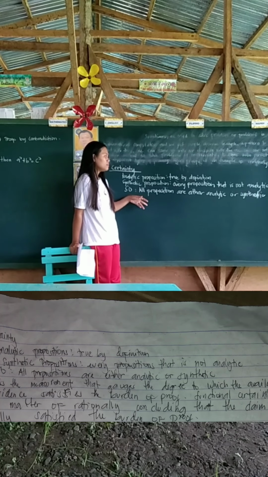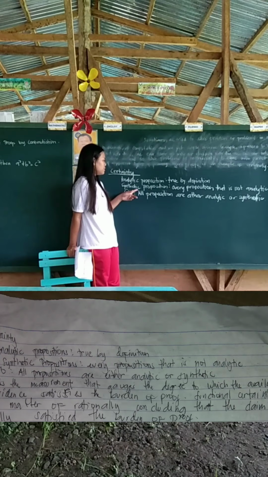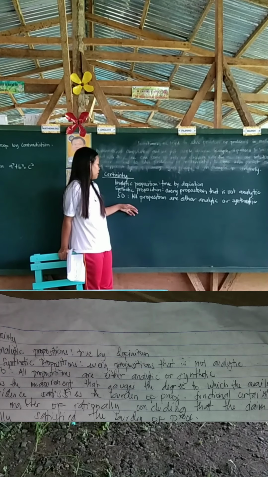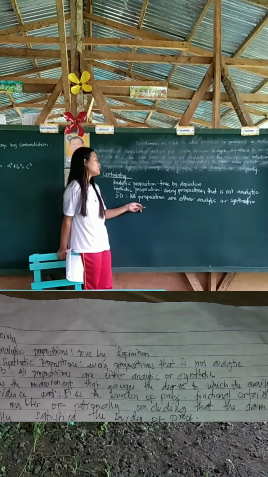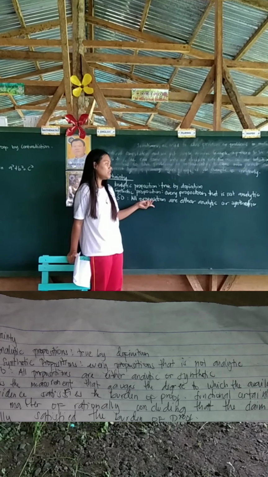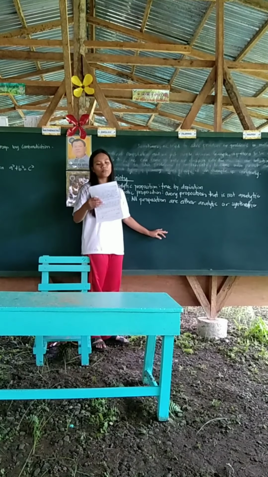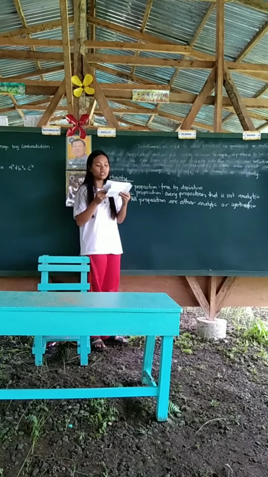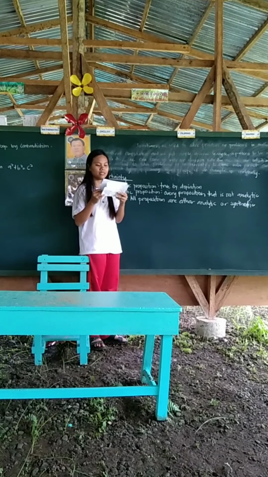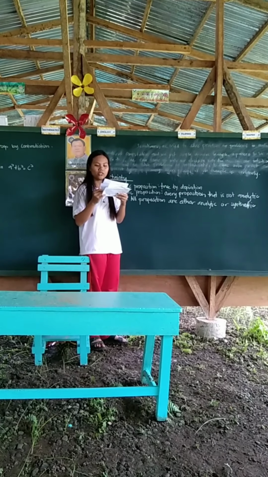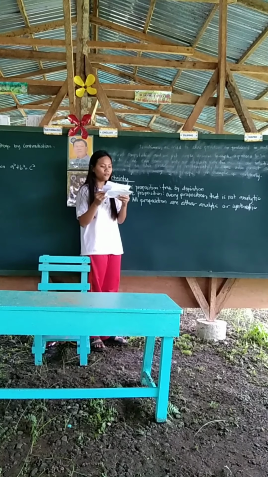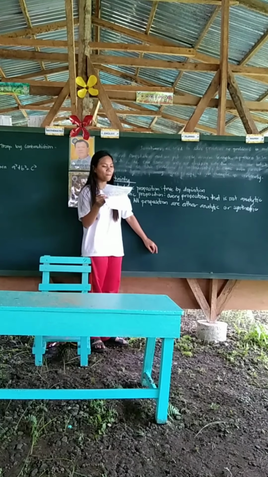Analytic proposition: true by definition. Synthetic proposition: every proposition that is not analytic. So all propositions are either analytic or synthetic. Certainty is the measurement that gauges the degree to which the available evidence, statistics, and the burden of proof support a claim. Functional certainty is a matter of rationally concluding that the claim has fully satisfied the burden of proof.